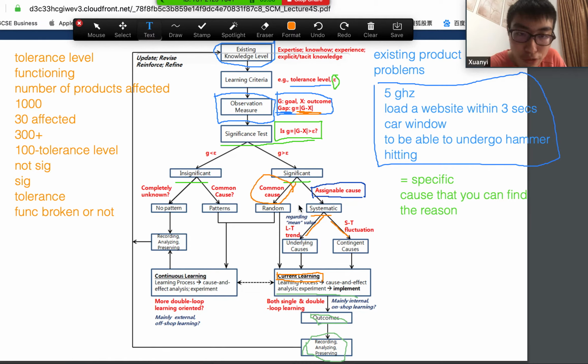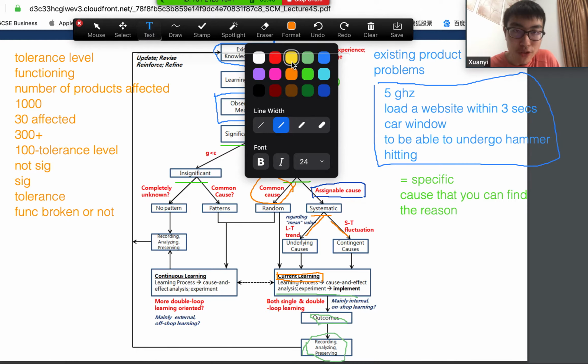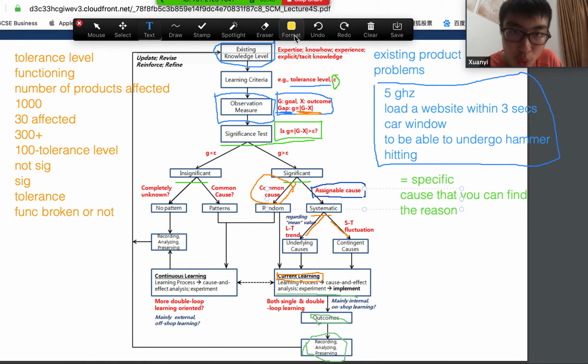As I mentioned before, whether it is a random cause or a systematic cause, we all have to conduct the learning. The difference is basically when we see the random cause: when it's random, we cannot find the underlying cause.